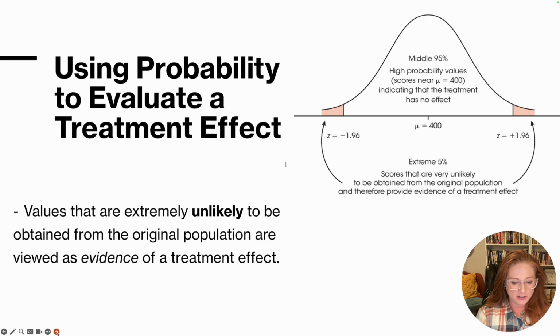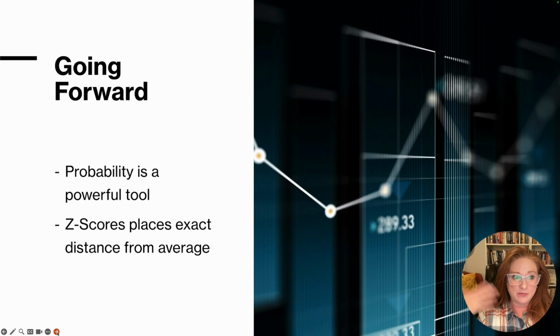But if we do something to that sample and the scores are now wildly different, if they're extreme, if they're now considered outliers, well then yes, we do consider that evidence. Now we have something to go back to our funding source with. The z-score is just another tool we can use, and probability uses z-scores in a way that couples them with probability.